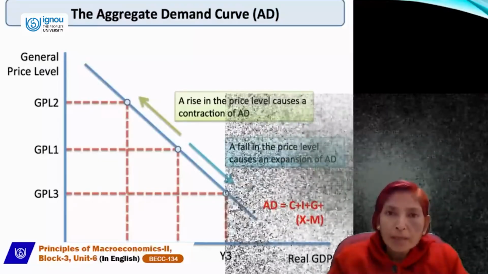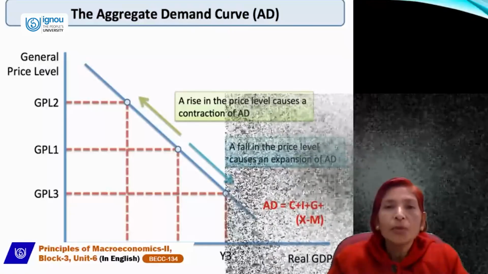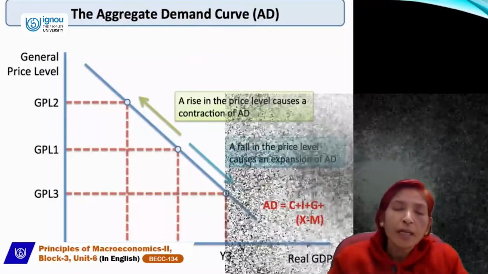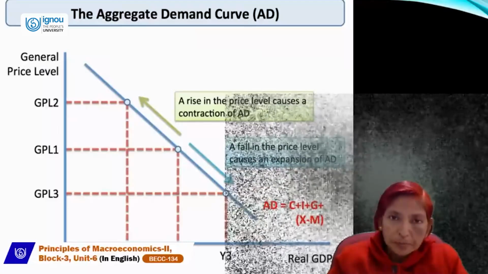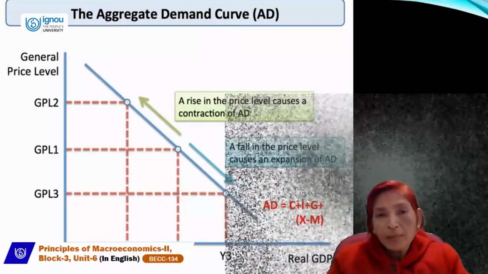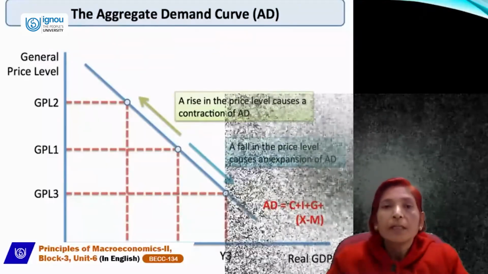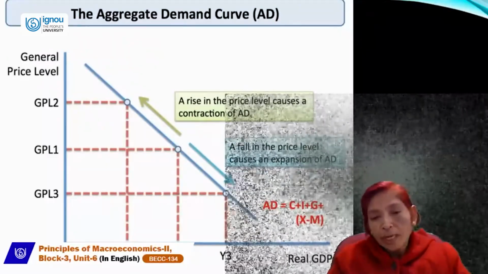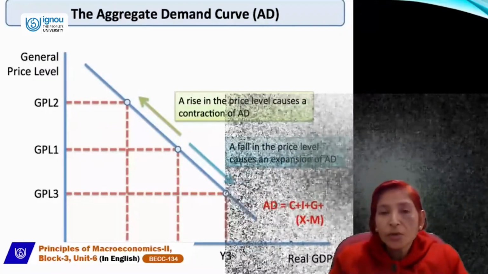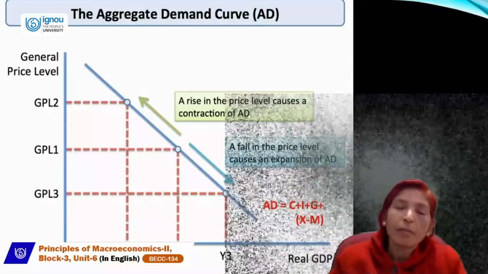If we assume that other factors are constant and only price is the most effective factor, then due to rise in price, demand will fall and it will show upward movement, that is contraction of aggregate demand. And if price falls, then demand will rise and it will be shown by downward movement or downward arrow, which shows expansion of aggregate demand.